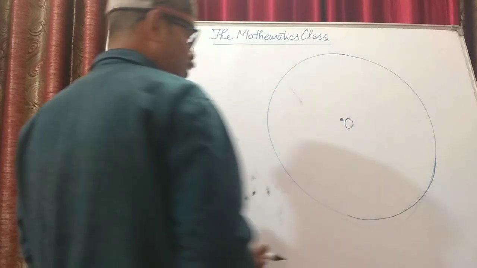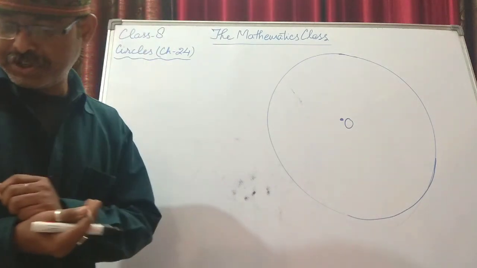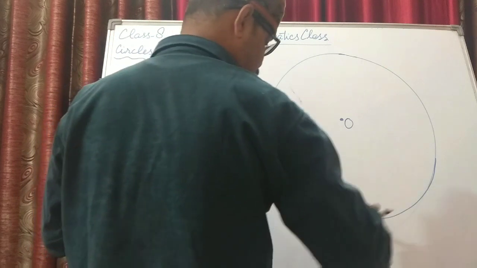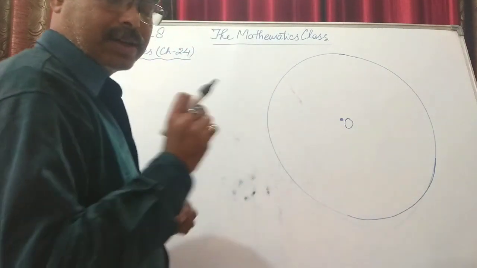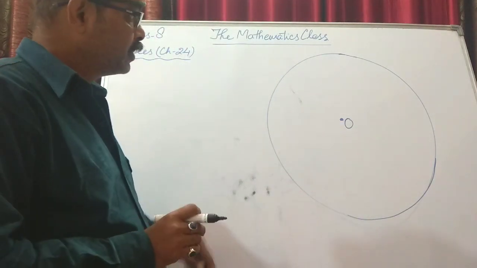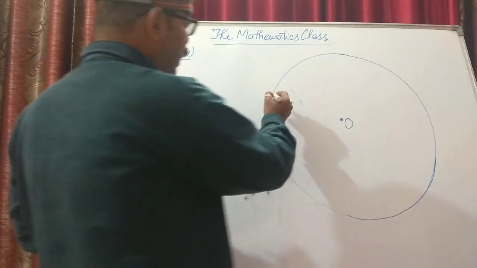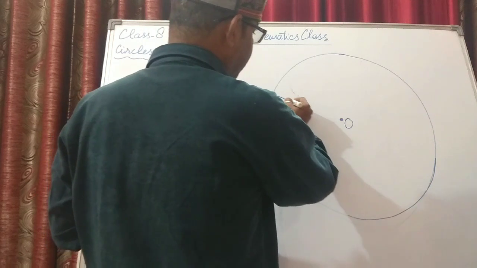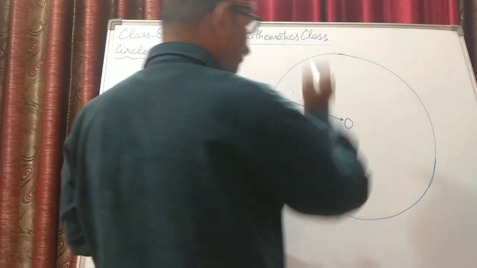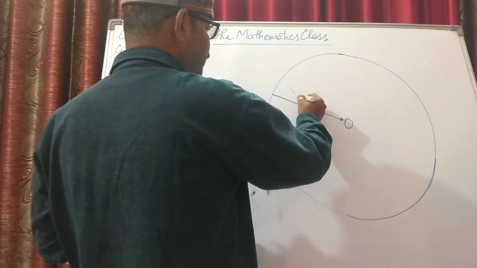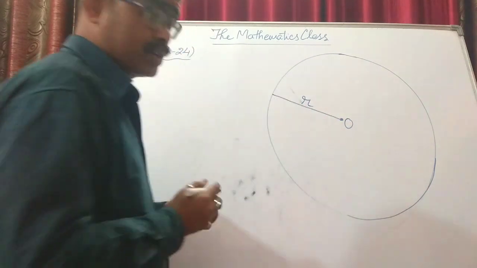Circle is a closed curve in which all the points on the curve are at a constant distance from a fixed point known as center, and the fixed distance is known as radius.